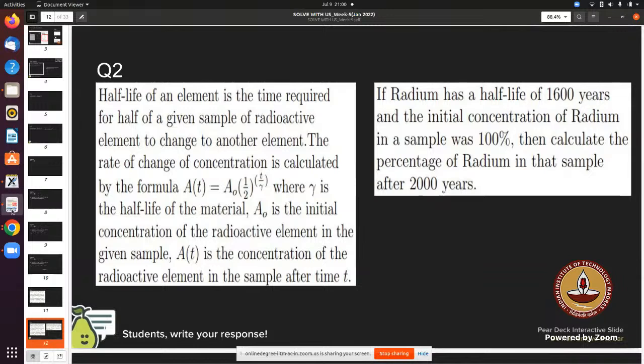Okay, so I will give you 2 minutes to solve it. It will be, I think, easy to solve. So take 2 minutes and give the answer in the chat. Okay, not verbal.